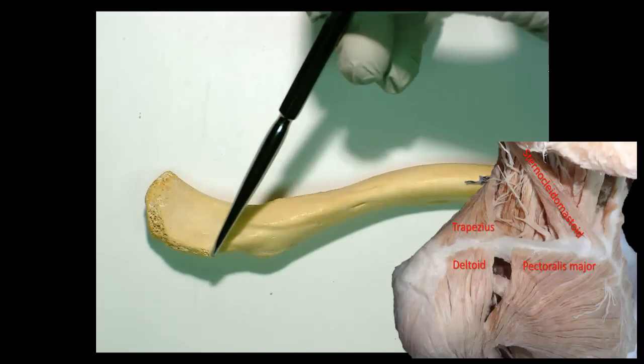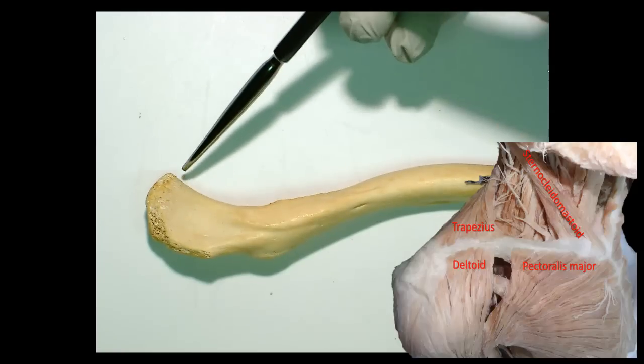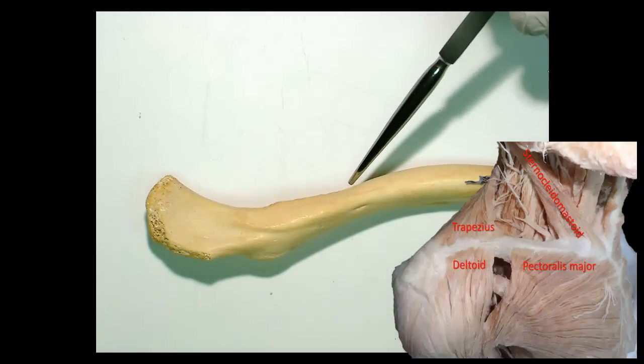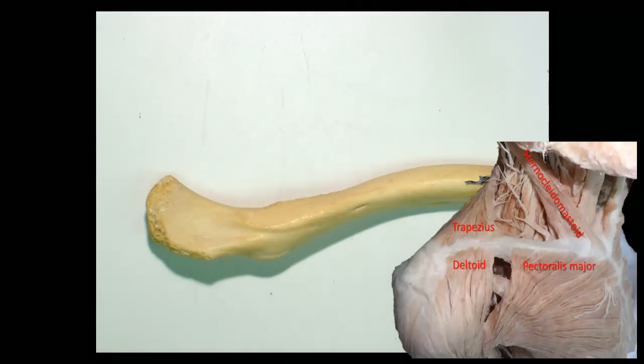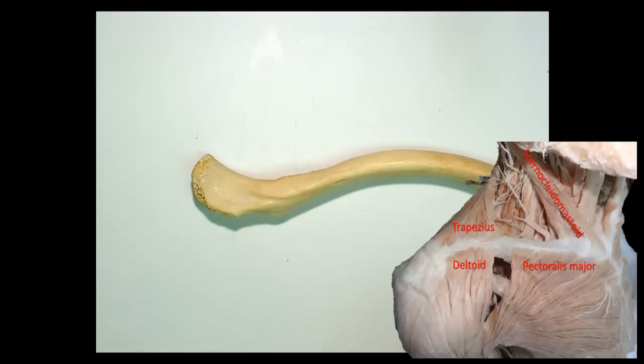So here we have trapezius attachment posteriorly, and just opposite to it, anteriorly, is the attachment of the deltoid muscle. Remember that the medial third of the superior surface provides attachment of sternocleidomastoid muscle.